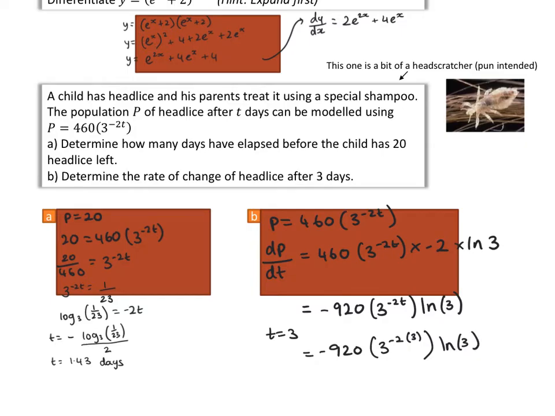I put that into my calculator and I get minus 1.39. So every day we're losing 1.39 head lice per day. Remember I always need to bring it back to the context of the question.